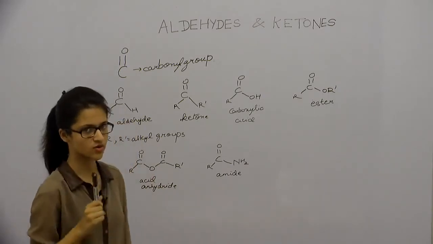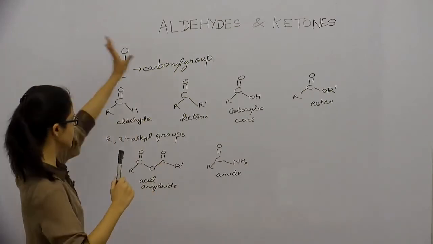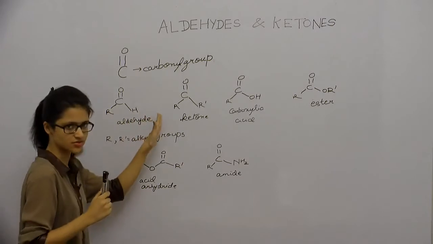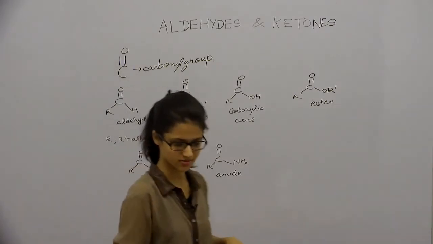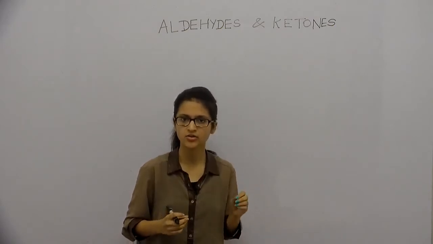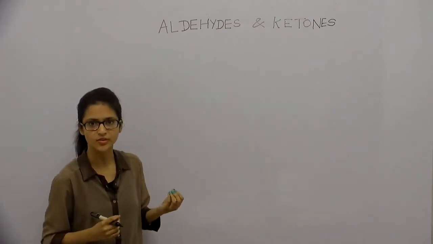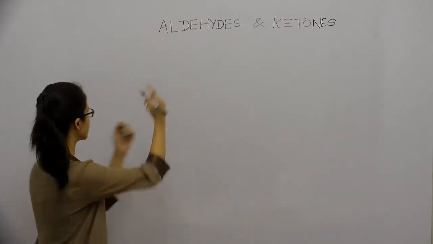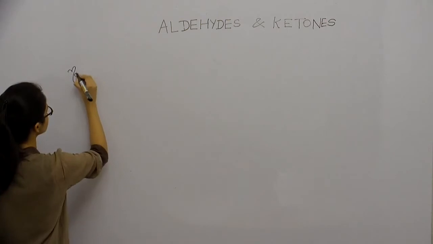Now, from a group of compounds we can identify which is an aldehyde and which is a ketone. Now that we can identify an aldehyde and a ketone, we need to be able to name them. We need to know their names. So obviously for that we will study the nomenclature.